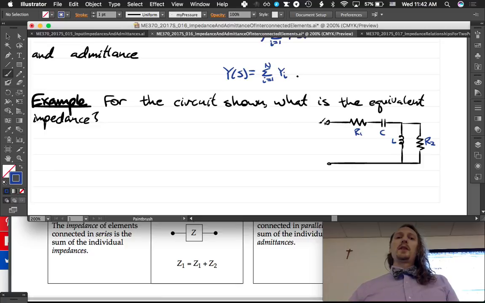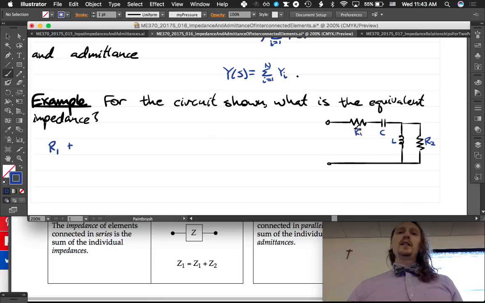What was the first term? I'm not going to write something equal, I want to define a term. What is the first part? R1 plus, and then for the impedances we could just write Z R1, Z C, Z L, Z R2. Do you guys want to do that, or plug it right in? Plug it right in.